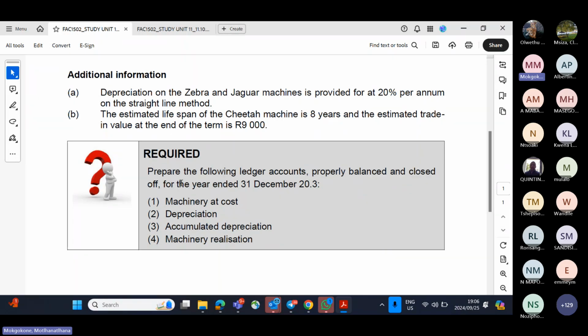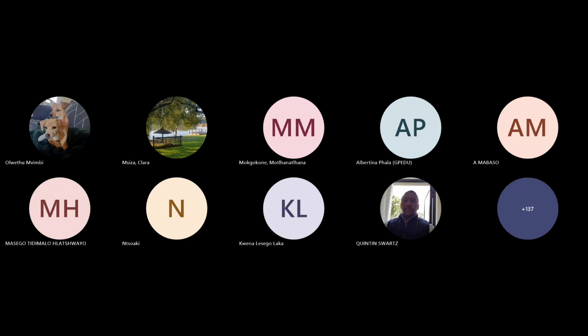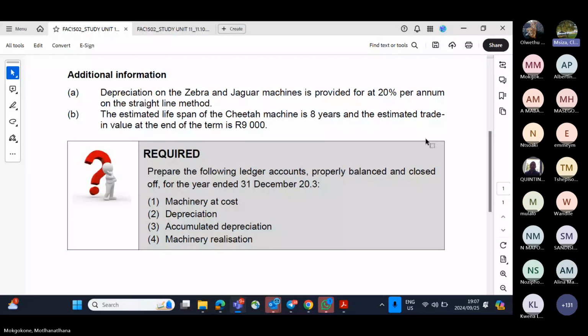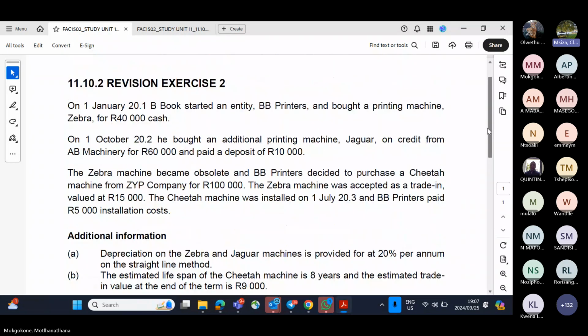And the third one is accumulated depreciation. Sorry, Mr. Mkhokwane, it seems like there's quite a number of students that can't see. Can you stop sharing and share again? Let's try this because I see on the chat there's quite a number of students that cannot see, but I have posted the question and the required on the chat. Please advise if you can see now.